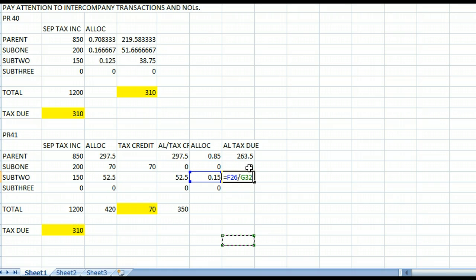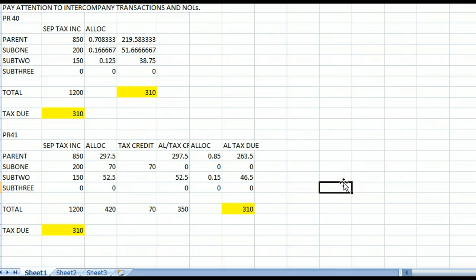For sub 2, times the total tax due, and the allocation rate times this one. I didn't do times, so we're going to do that times tax due. Okay. Alright, so when we do that, let's sum this up again. And we see now the allocated tax due is $310, just like what we found there. Okay. So let me go ahead and unshade this one.